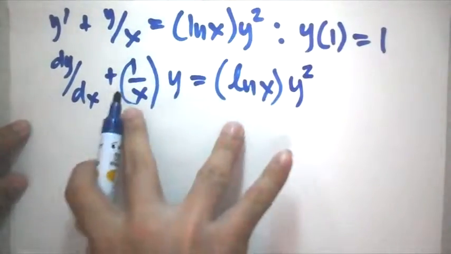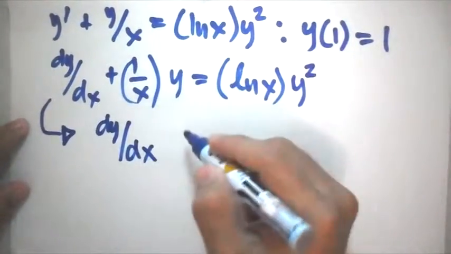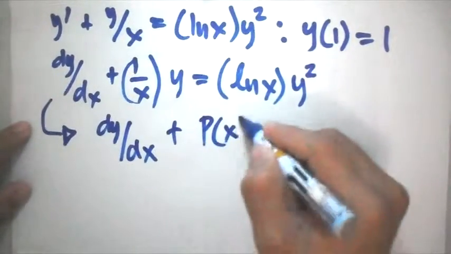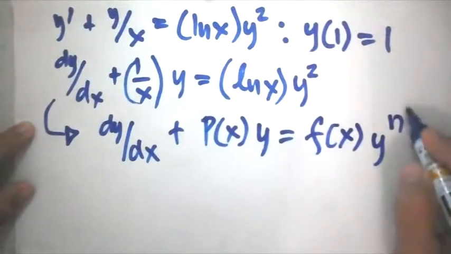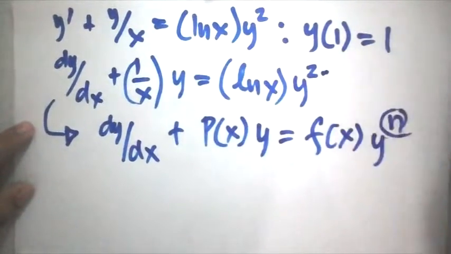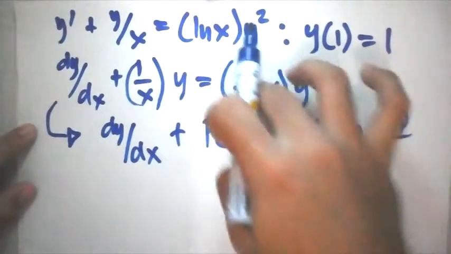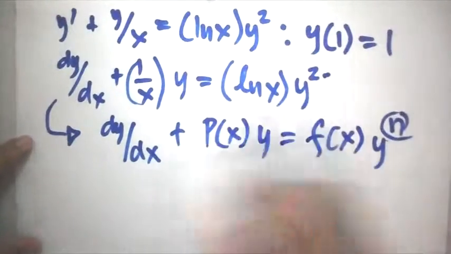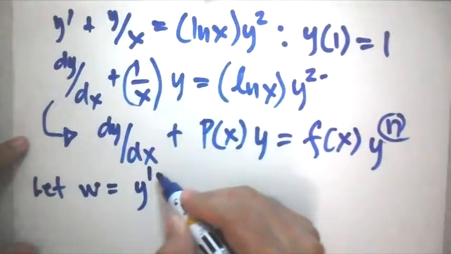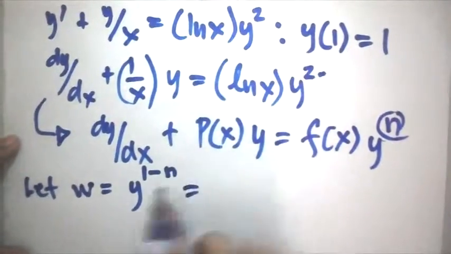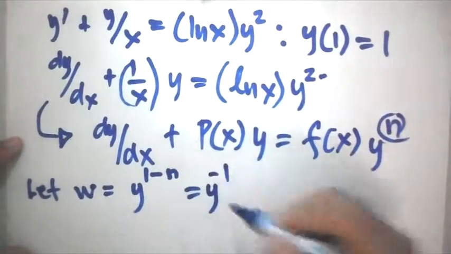As you can see, this is in the form of dy/dx plus p(x) y is equal to the function of x times y to the power of n, where n here is 2, p(x) is 1 over x, and f(x) is ln x. So now first we have to let w is equal to y to the 1 minus n, where n is 2, so 1 minus 2 is negative 1, so y to the negative 1.